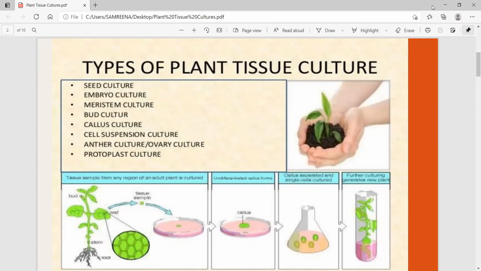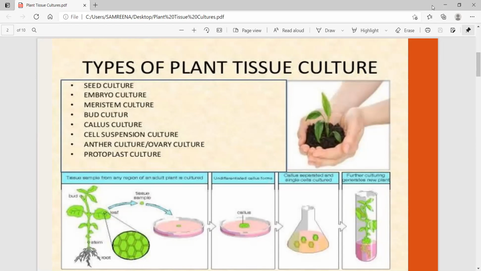We can take embryo, meristematic cells, bud, callus, from which we can get cell suspension culture, or we can take anthers from the flowers or the ovary, which can be grown in the laboratory, or directly study protoplast culture.